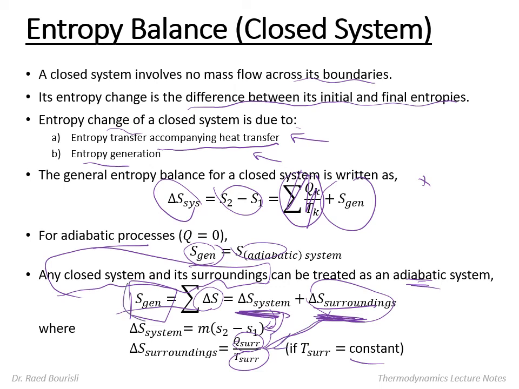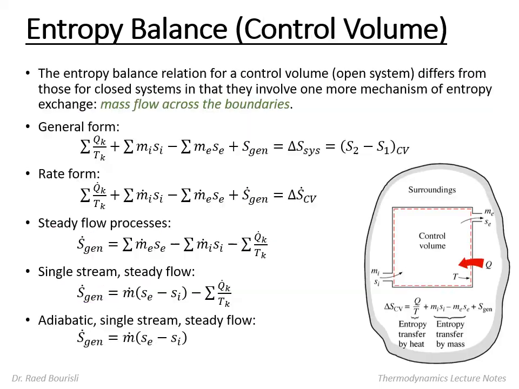These are the formulas, and I'll need them in many situations. Finally, the entropy balance relation for a control volume, the open system, differs from those for a closed system in that they involve one or more mechanisms of entropy exchange: mass flow as well as heat flow. So mass flow across the boundary is present here. The general form is as follows.